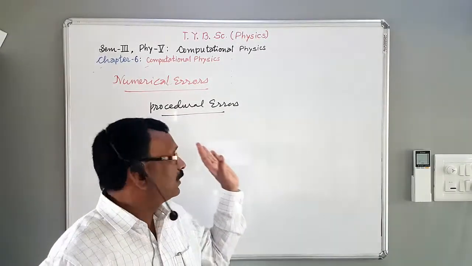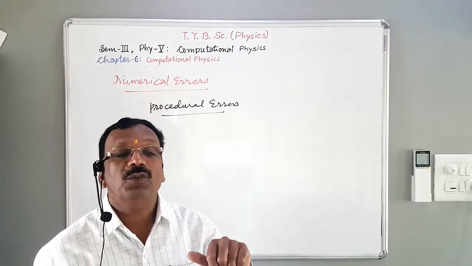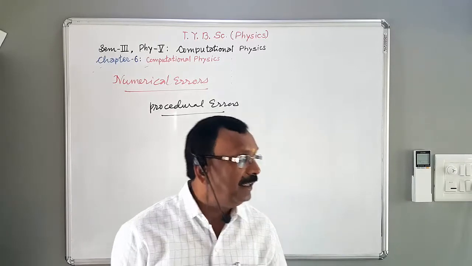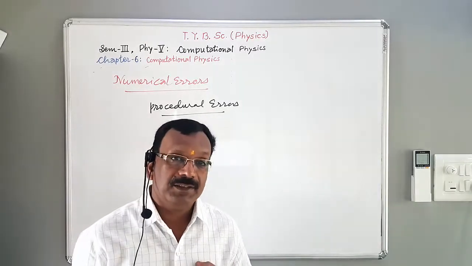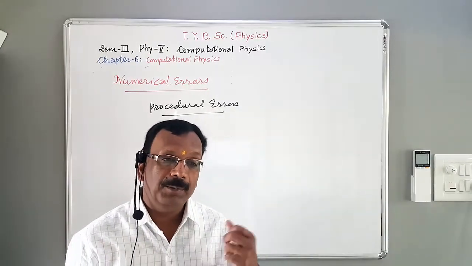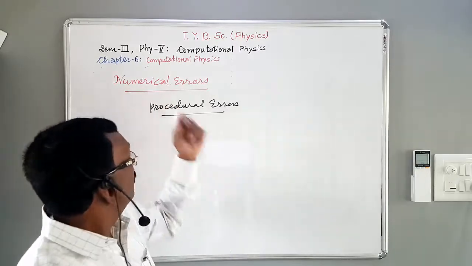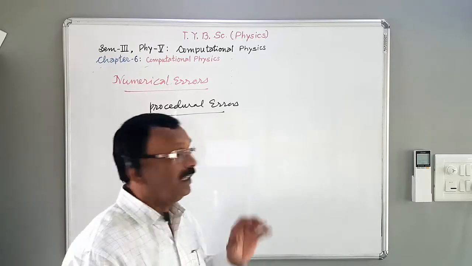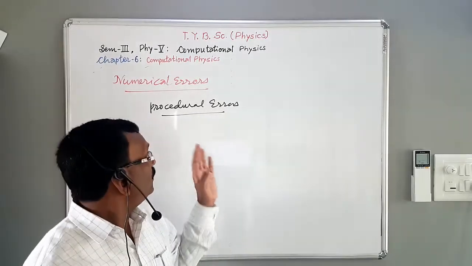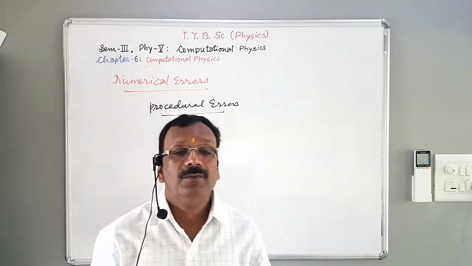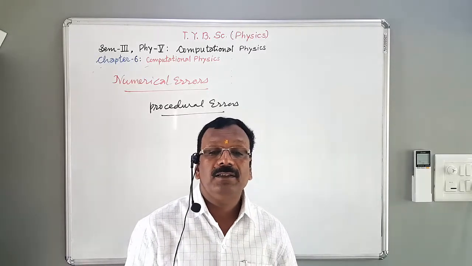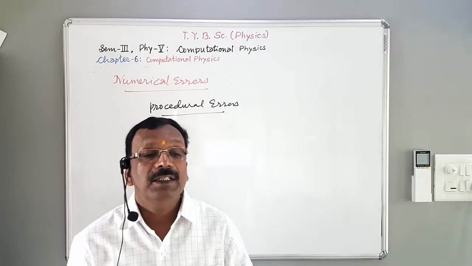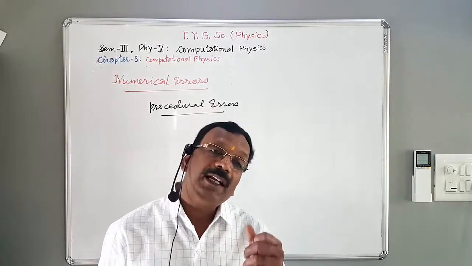They are introduced during the process of implementing the numerical methods. Remember that numerical errors are also known as procedural errors, and procedural error arises during the process of implementing the numerical methods.